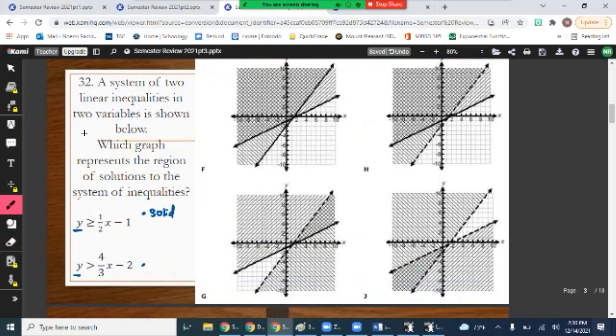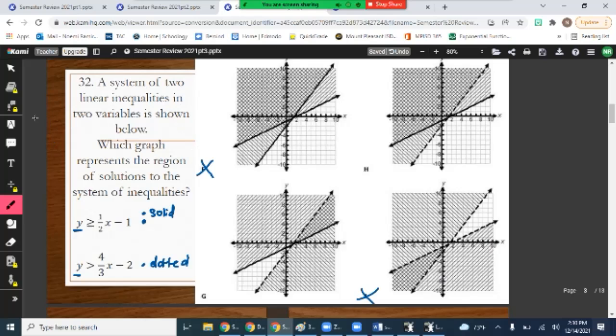Solid. What about the second one? Dotted. So I'm looking for a combination of two lines where one is solid, one is dotted. I can eliminate F because they're both solid. I can eliminate J because they're both dotted. Now from here, you do have to solve to know whether you shade above or below.